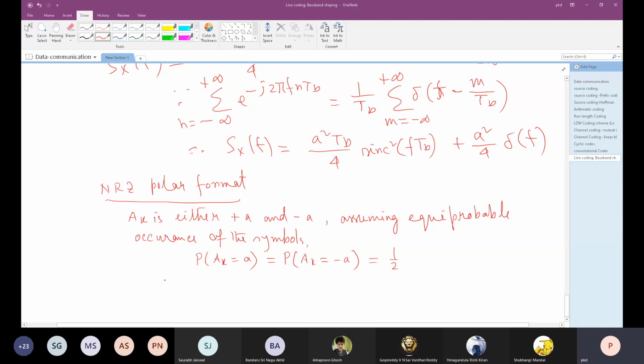Therefore, for n equal to 0, the expectation of A_k square is A square by 2 plus A square by 2, equal to A square.